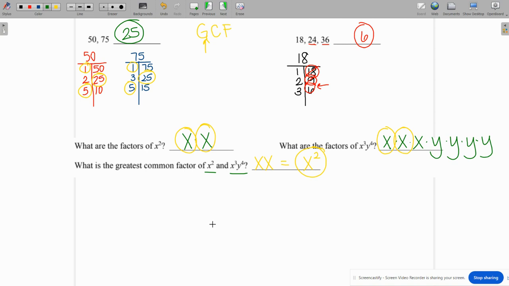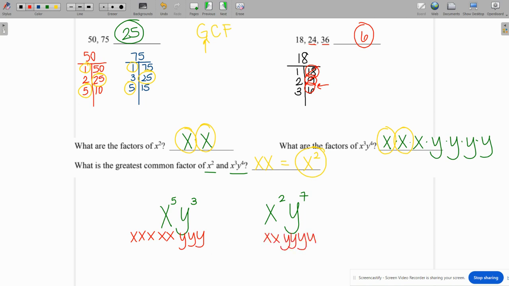Another quick way to do this is to consider something like if you have x to the fifth y cubed, and maybe it's x squared y to the seventh. Well, you could multiply all of these out and expand them and say 1, 2, 3, 4, 5 x's times 1, 2, 3 y's, and then 2 x's times 1, 2, 3, 4, 5, 6, 7 y's.